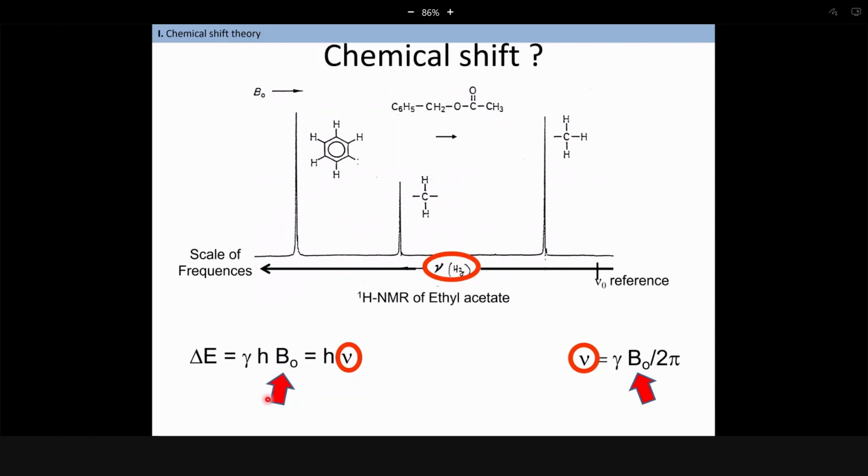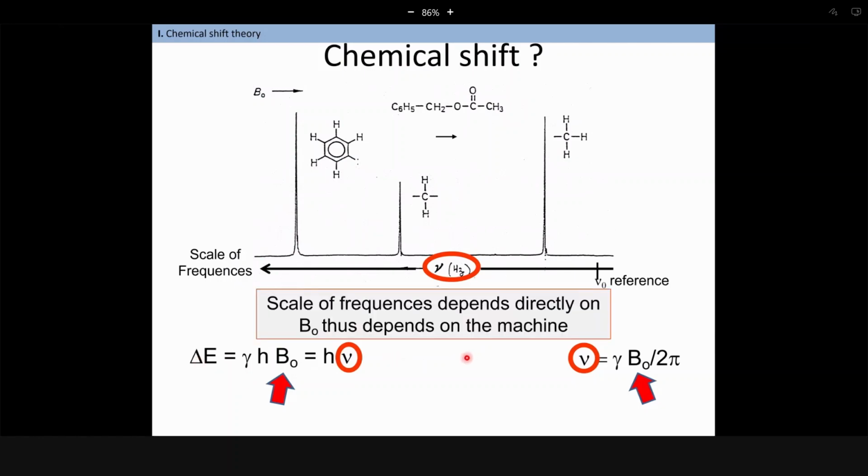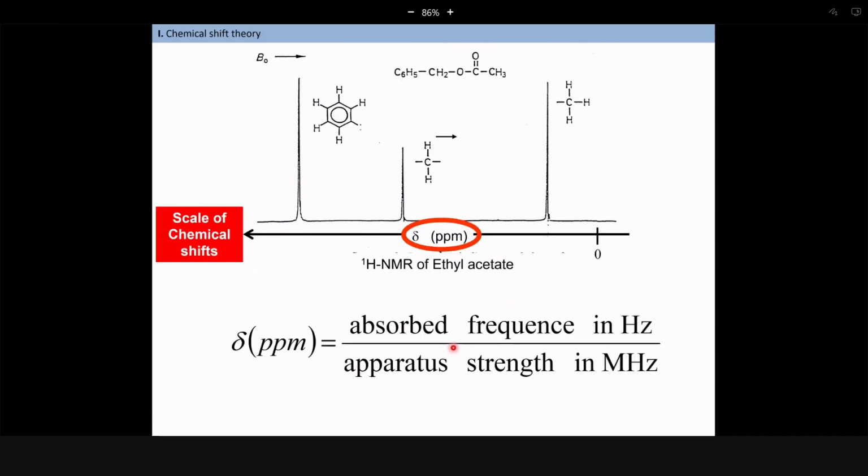So again, to understand, we apply B0 and it will depend on the value of the frequency of resonance. And the frequency of resonance will depend on the nucleus and its place in the molecule.